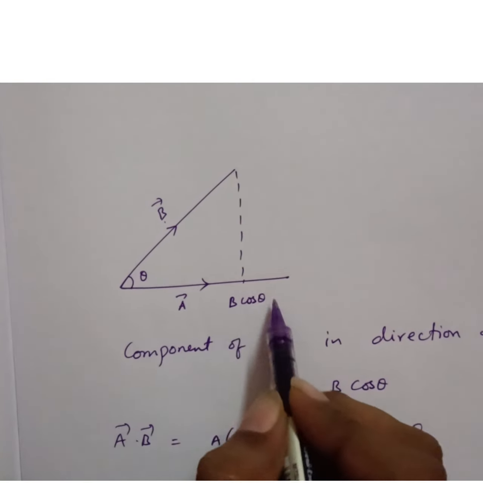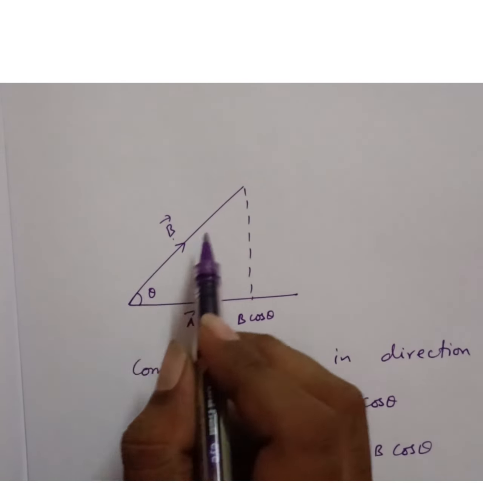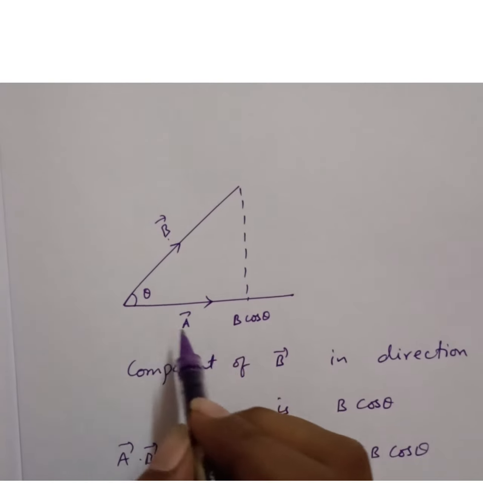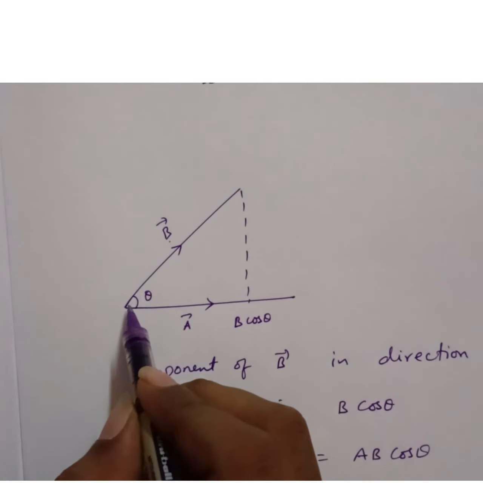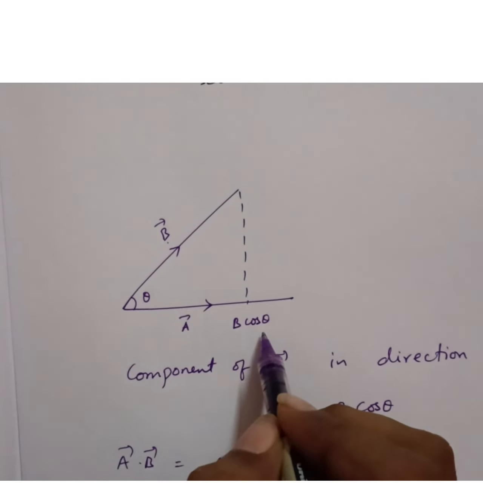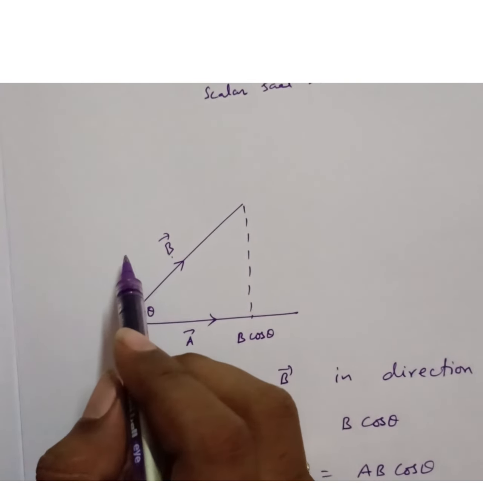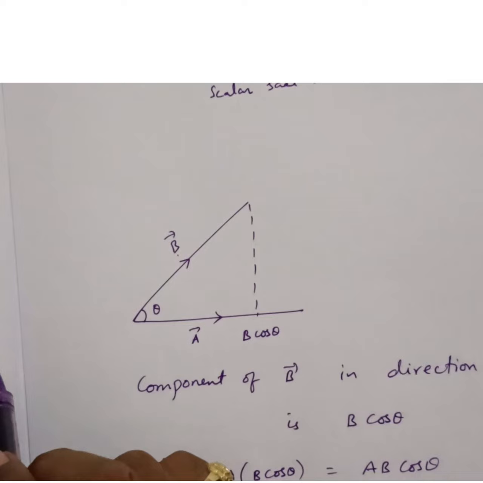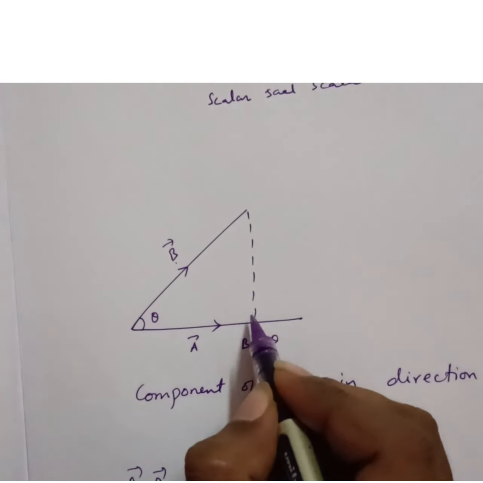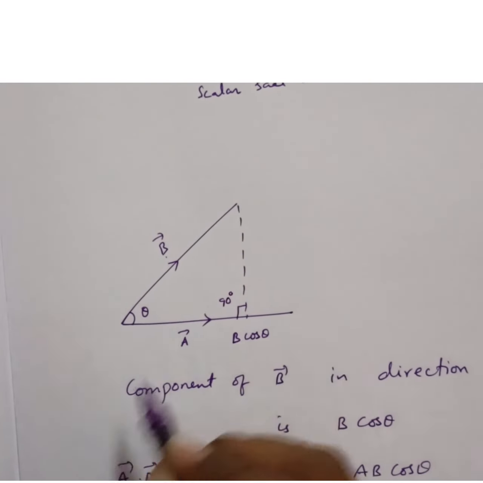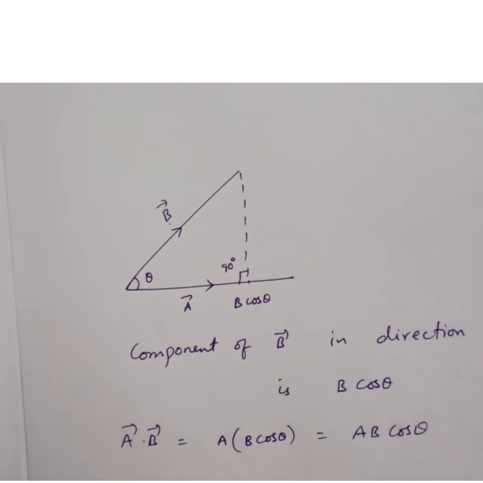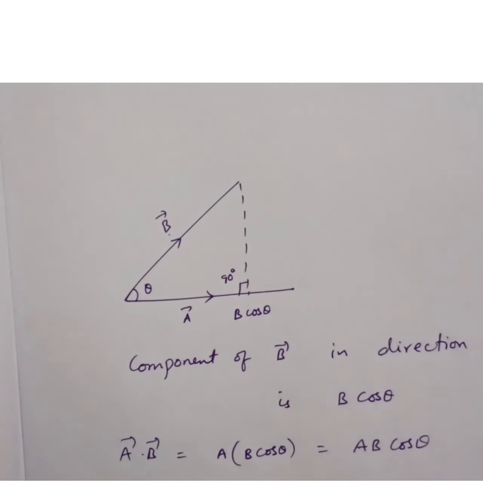Here why it is b cos theta we know. When b bar is resolved into two perpendicular components, this becomes b cos theta when the angle is theta. The vertical component becomes b sin theta.